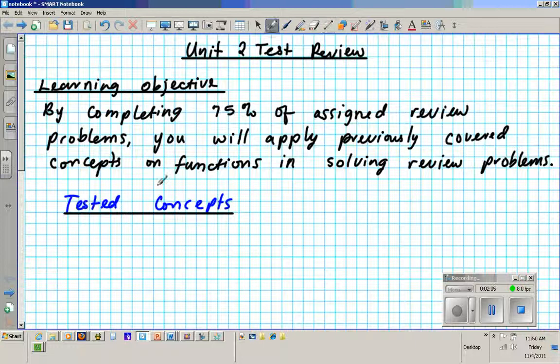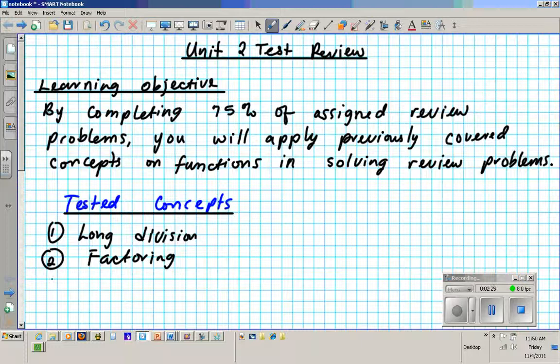You're going to be tested on, one, long division. You're going to be tested on factoring. You're going to be tested on analyzing quadratics.